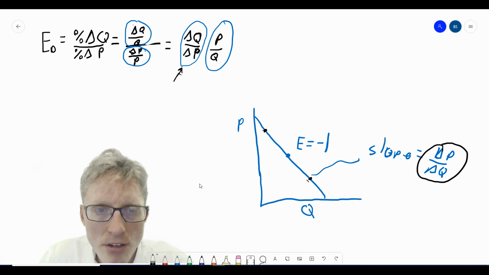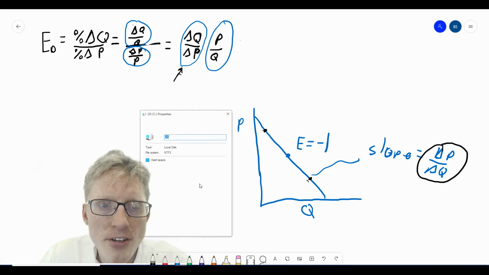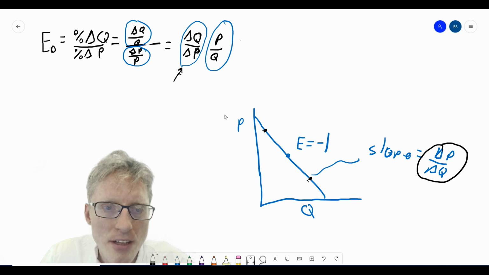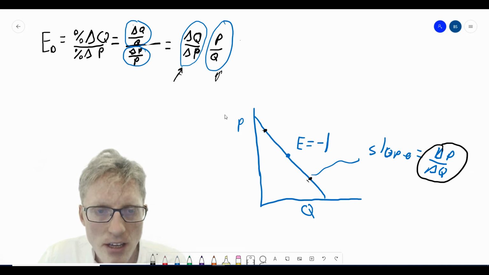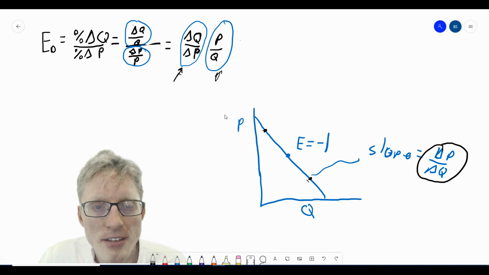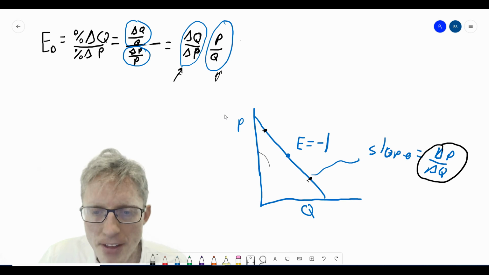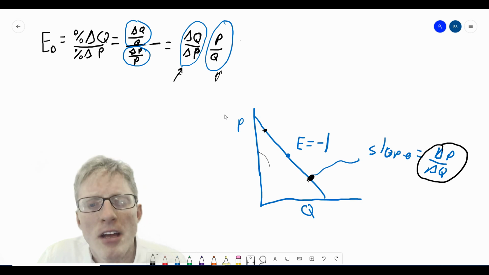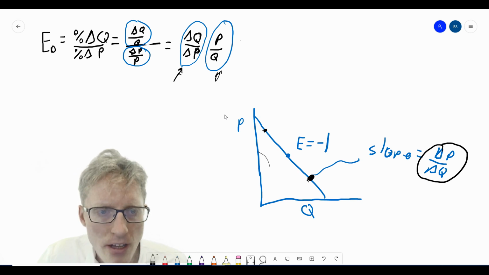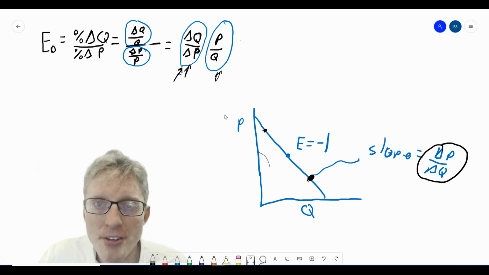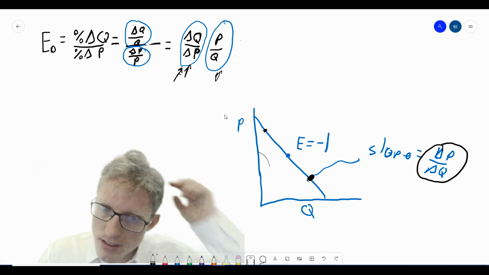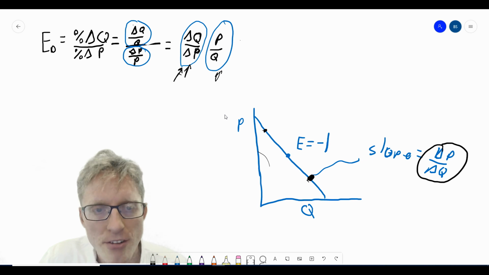So it has a lower numerator and a larger denominator, so this fraction is smaller at this latter point down here. Now remember, this first part, change in Q over change in P, doesn't change as you move along the linear inverse demand curve, but this latter part does.